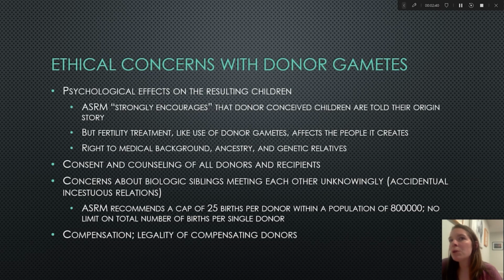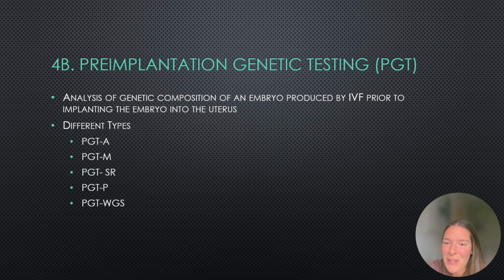To be honest, most couples like Meredith and Tyrese who present to a fertility clinic with a history of a single gene disease that's affected their children or maybe their family significantly, and they're already familiar with PGT-M, most of the time those couples are not interested in utilizing egg or sperm donor, but depending on Meredith and Tyrese's fertility evaluation and what their reproductive endocrinologist sees, it may become more strongly recommended that they go the route of an egg or sperm donor. All right, and now on to the final option, which is preimplantation genetic testing.